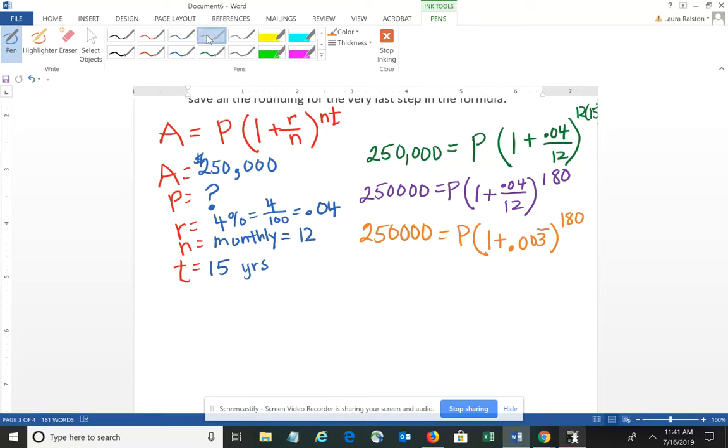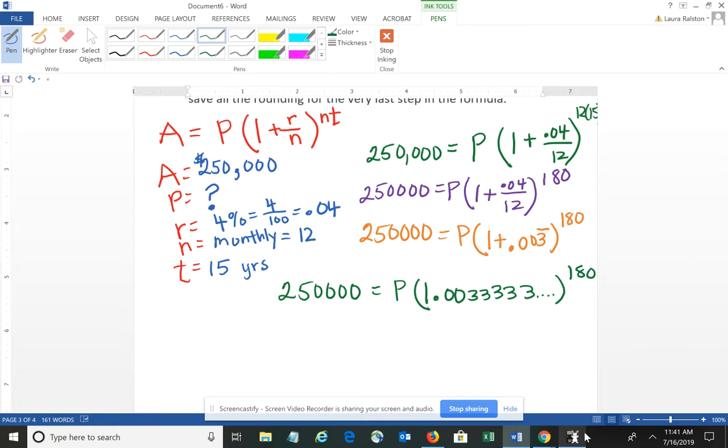Now, again, that's in the calculator's brain. So I have 250,000 is P. I'm going to add those two together. So I have 1.0033333, repeating, raised to the 180th.